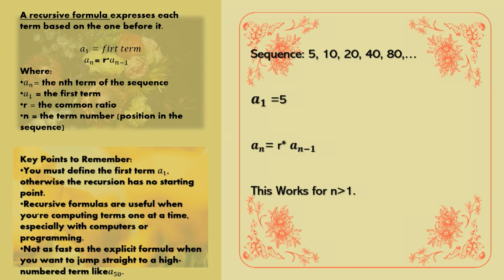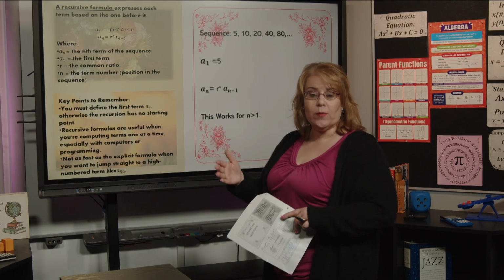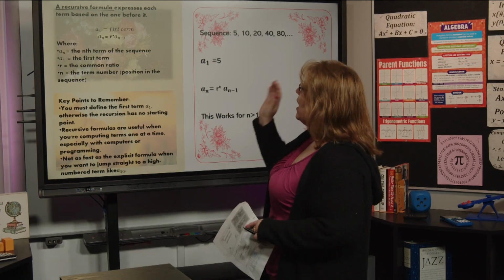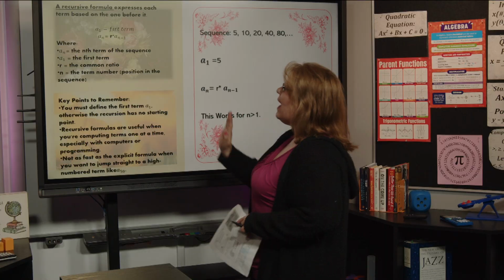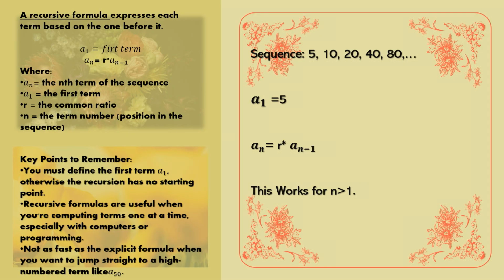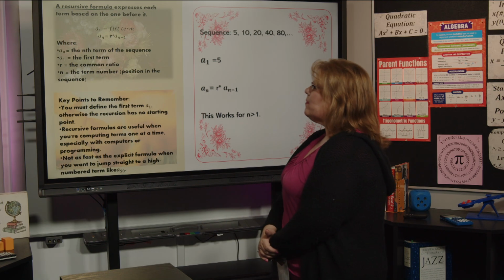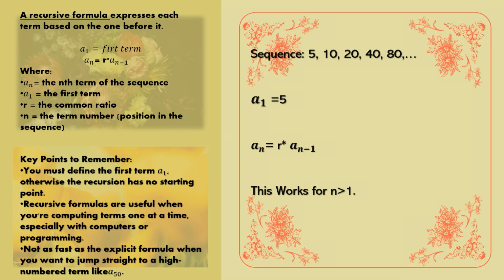We take our common ratio, which is how we go from term to term, and multiply it by the previous term. Where a sub n is the nth term in the sequence, a sub 1 is the first, r is the common ratio, and n is the position in the sequence.